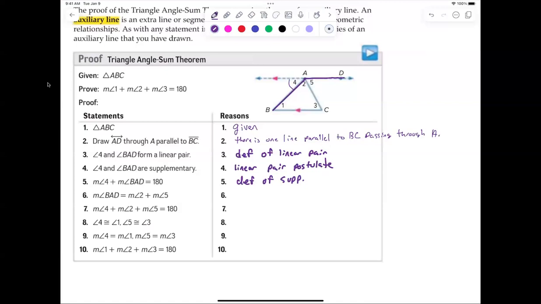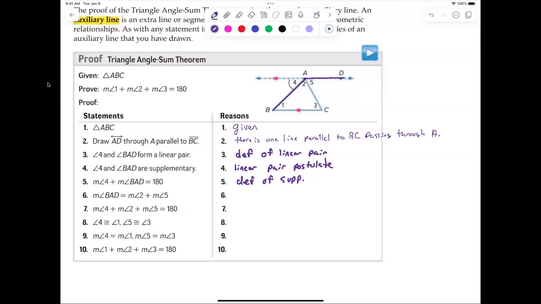If they form a linear pair, then they are supplementary. And if they are supplementary, then they add up to 180 degrees. Everybody understand what I'm saying? So if you left one of those things out, I would understand. But I think that's the right flow to that.